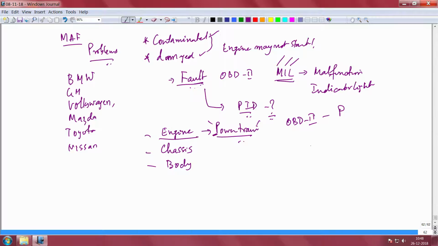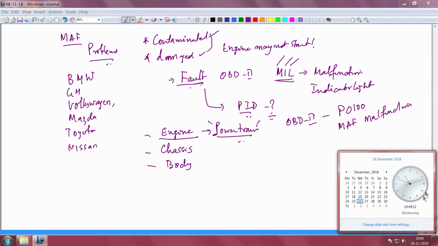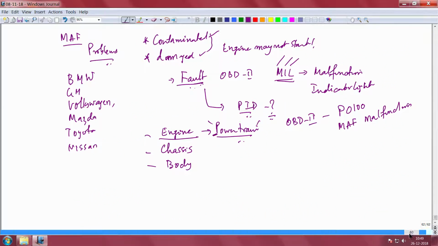Typically you will see P0100 which is MAF, it can be MAF malfunction, it will directly indicate. This is a standard parameter ID. So, it is something that is defined in that standard I mentioned to you. And which is that standard? You may want to go back and recall the standard.